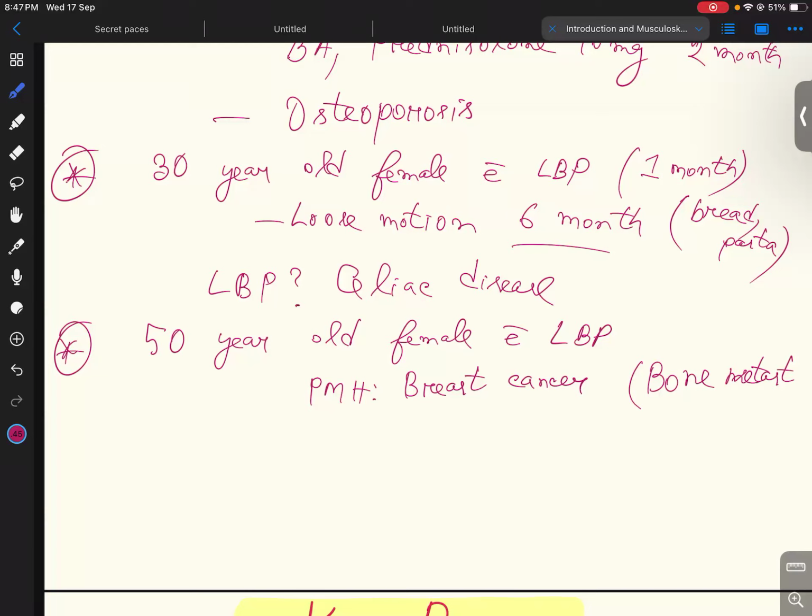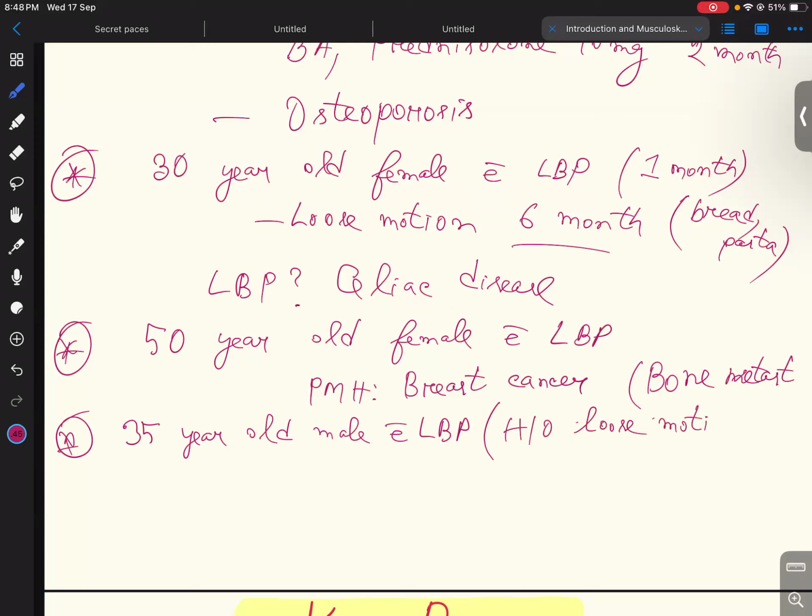So then another case, a 35-year-old male with low back pain. He has a history of loose motion three weeks back, and he has a history of casual sexual contact, that is unsafe sexual exposure.